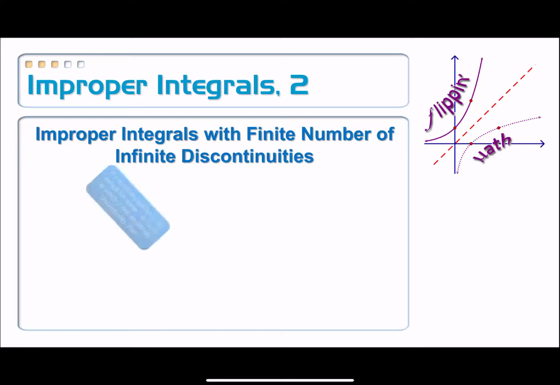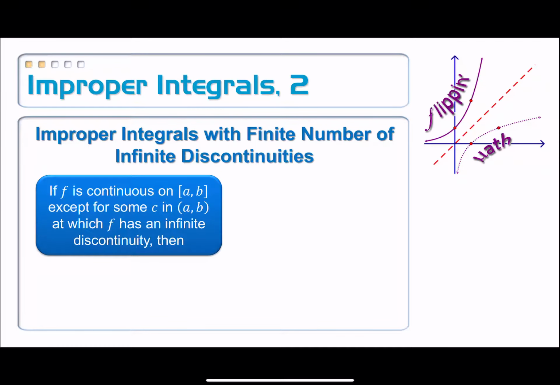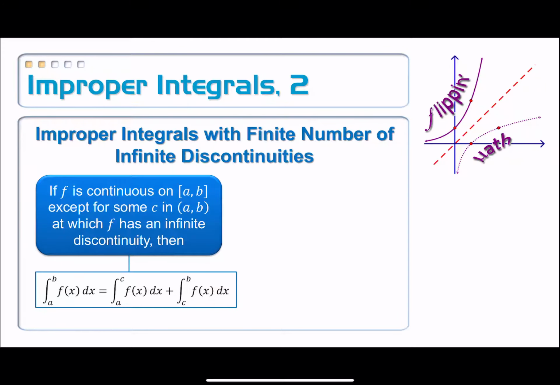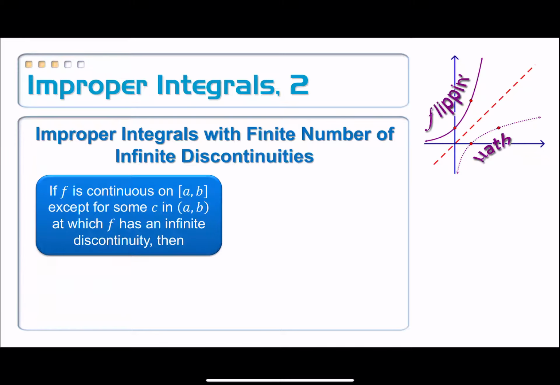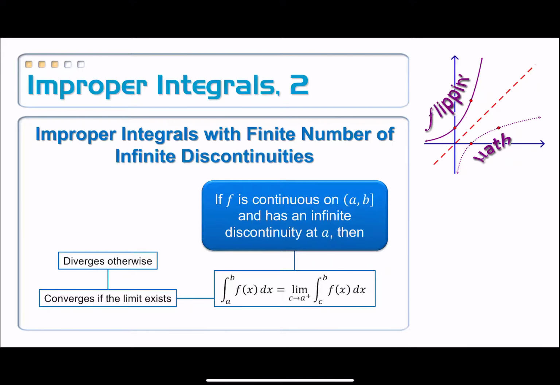Okay, and then our third and final case is that there is an infinite discontinuity, a vertical asymptote, someplace in between a and b, and this one is probably the least obvious one. In this case, you need to break it up at that infinite discontinuity, turn it into two separate integrals, both of which are improper, and then perform these previous ones on the left side and on the right side.